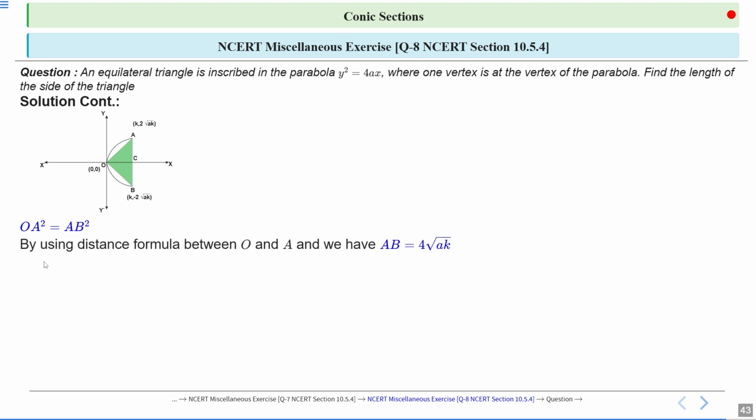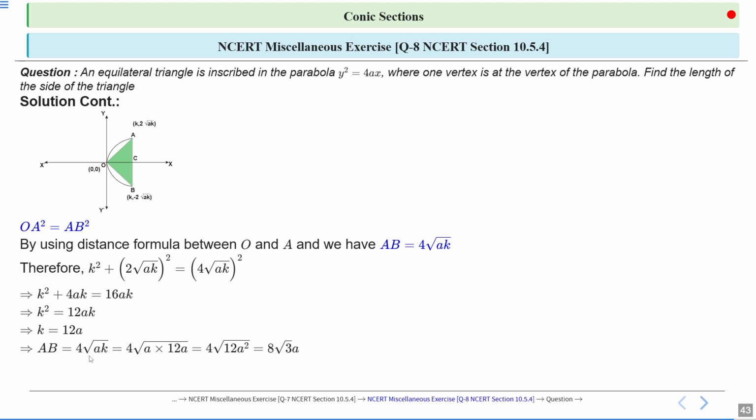So by using the distance formula between O and A, and we have AB as 4 times square root of ak. Therefore k square plus 2 times root ak whole square is equal to 4 times root ak whole square. It implies k square plus 4 times ak is equal to 16 ak. It implies k square is equal to 12 times ak. It implies k is equal to 12 times a.